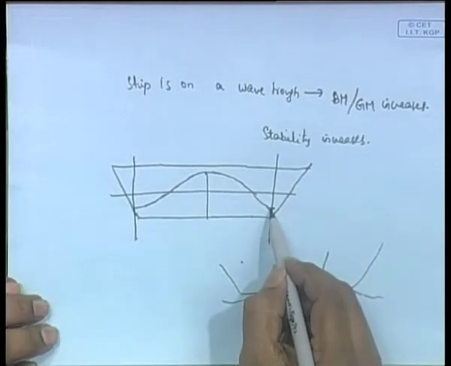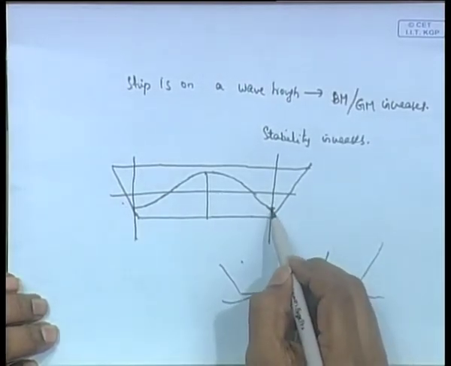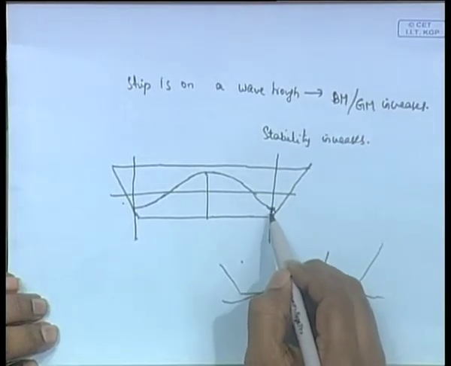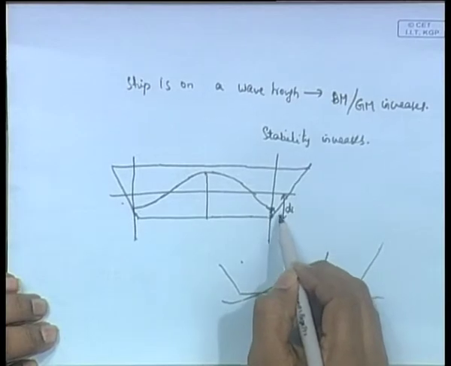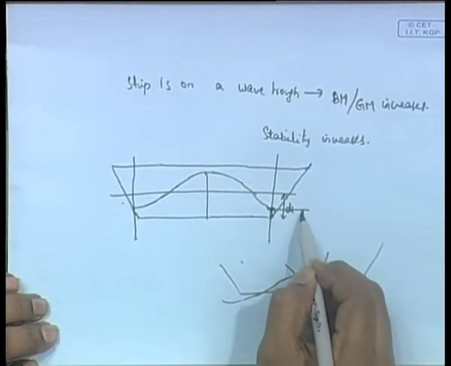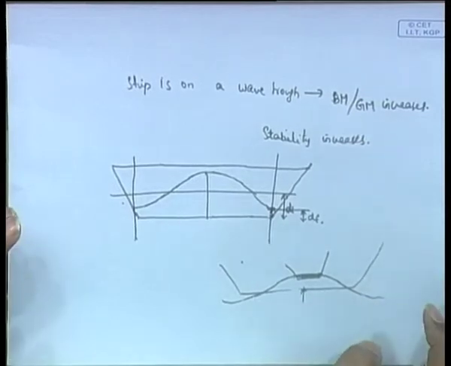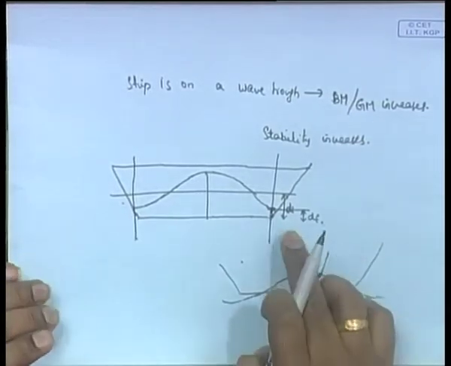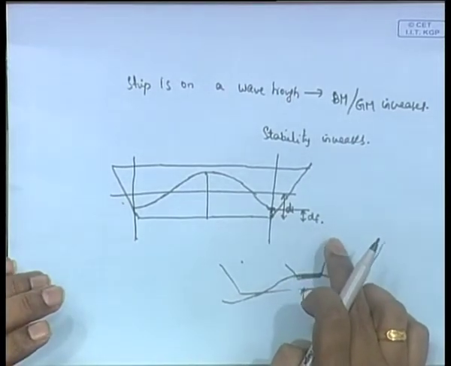But here on the front part of the ship and even on the aft side of the ship, what has happened? The draft has decreased. Initially the draft was this much, this was D initial, now the draft is only this much, D final. So, there is a very strong decrease in draft as a result of the ship floating on a wave crest. D final is much smaller than D initial.